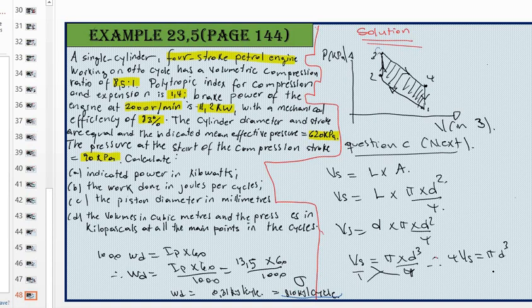To get d cubed, I'm going to divide both sides by pi so that I only remain with d cubed. So d is equal to the cubic root of 4 multiplied by Vs divided by pi.